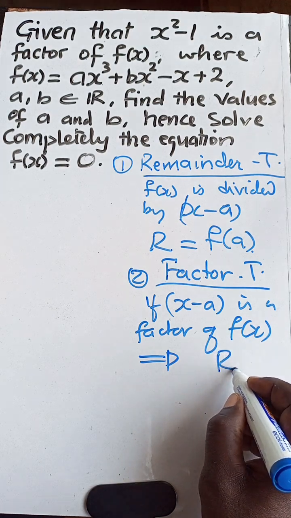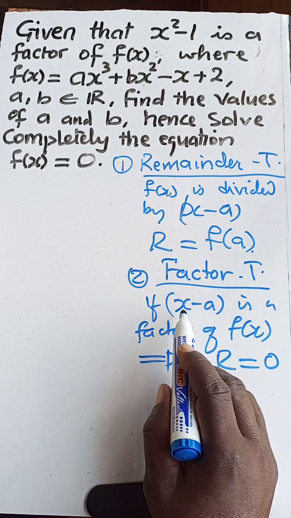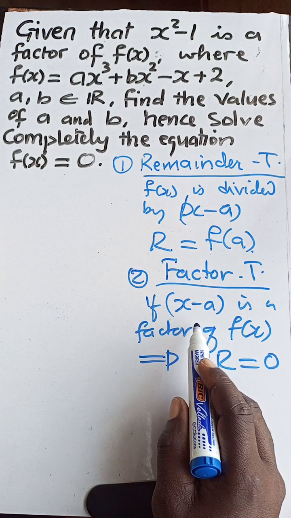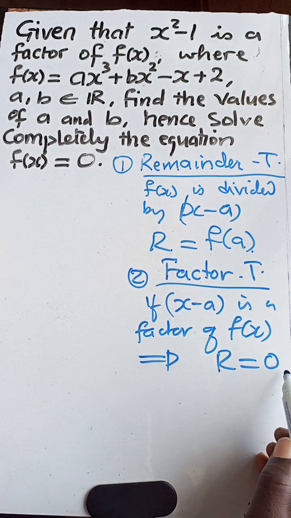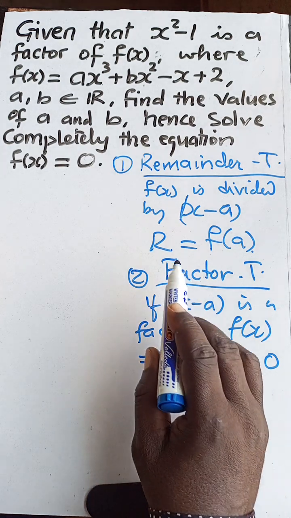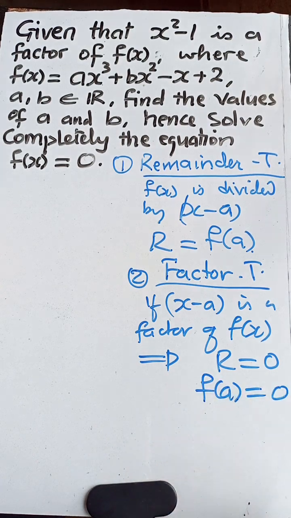We expect the remainder to be 0. So when we take the polynomial f of x and divide by its factor, just like with numbers, if we divide a number by any of its factors, we expect the remainder to be 0. And so we expect therefore that f of a should be 0.